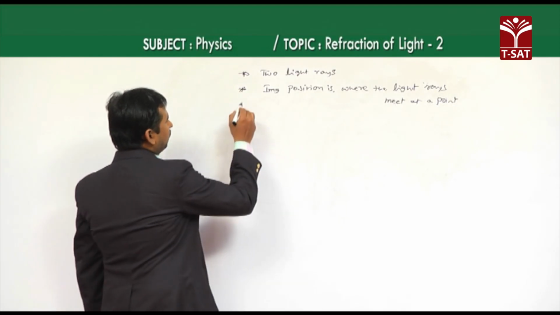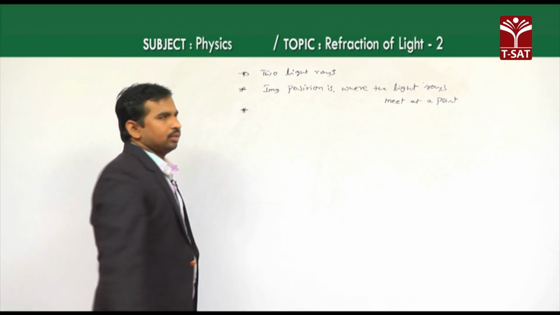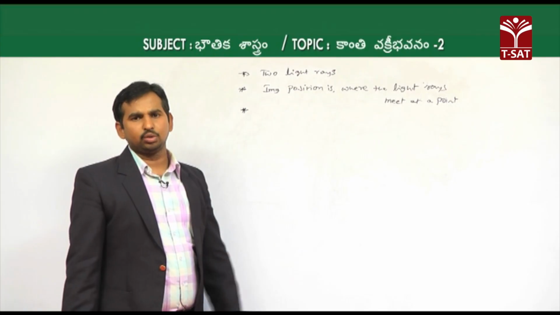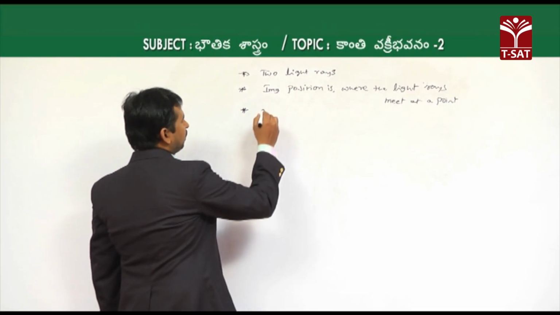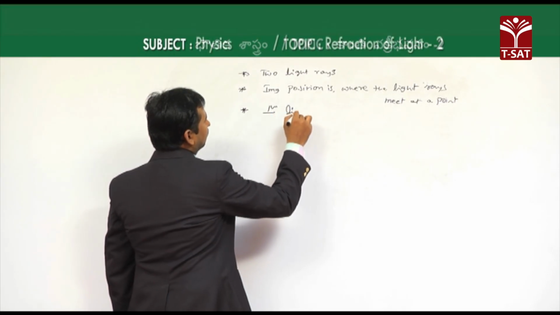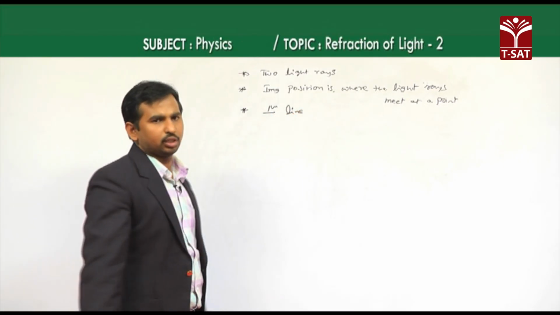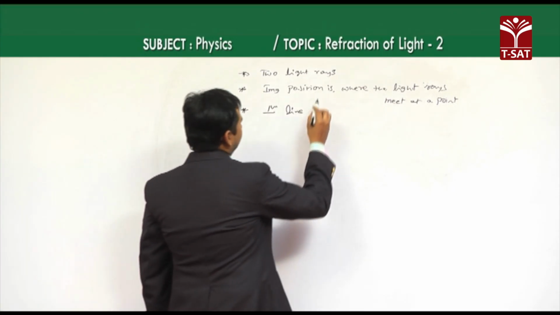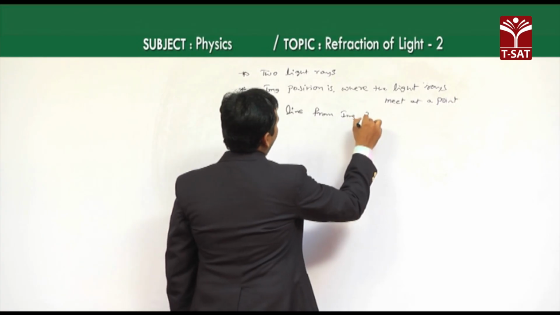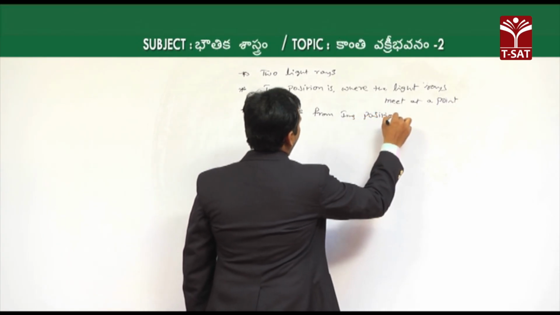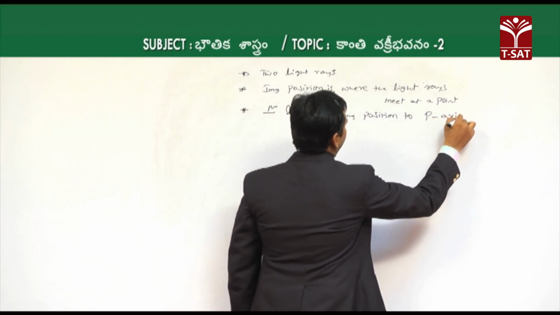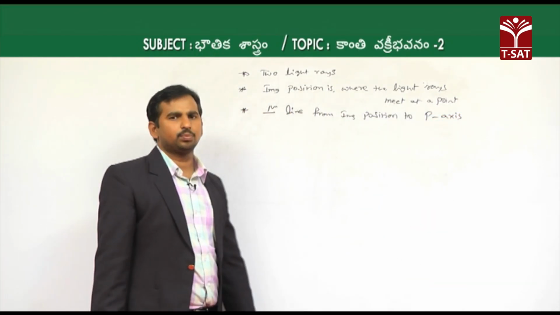Next one. After getting the point where the image is formed, the image position, we have to take a perpendicular line from the image position to the principal axis.